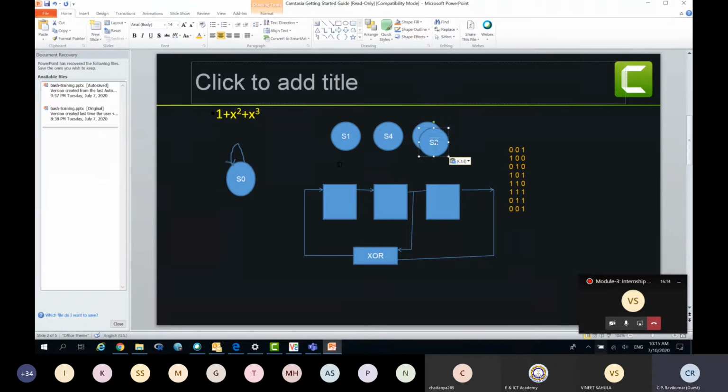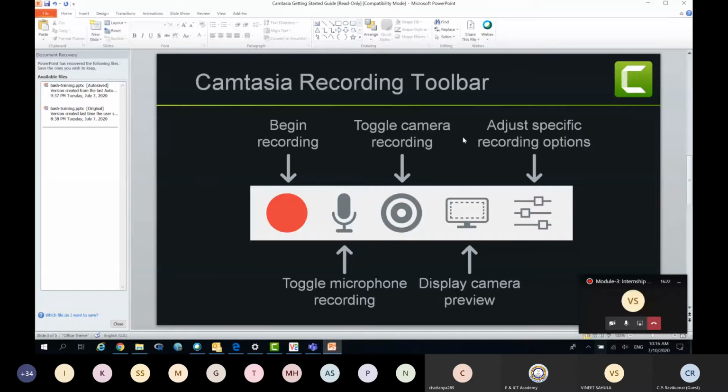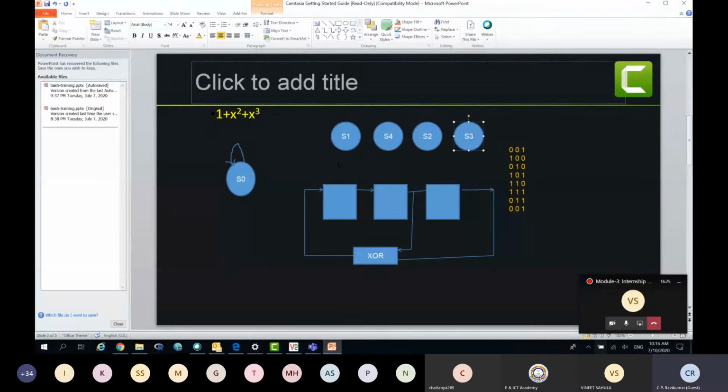And then from S4 you will go to S5. And then S6. Then S7. And S3. And then it will cycle back to S1. So it will be like a cycle.